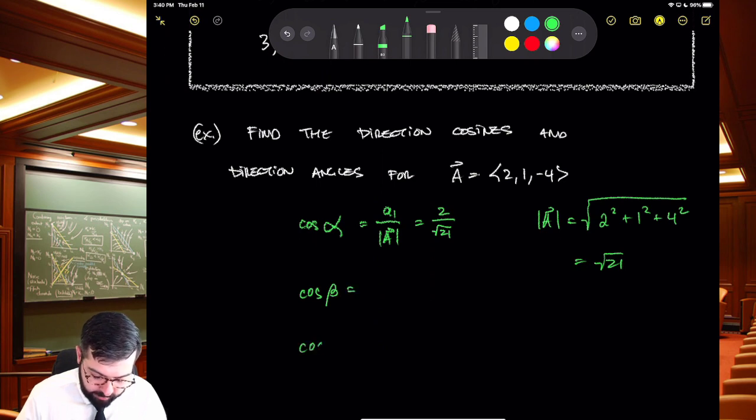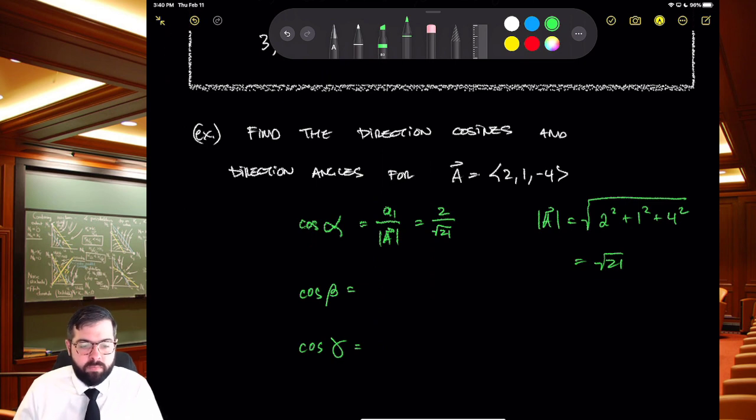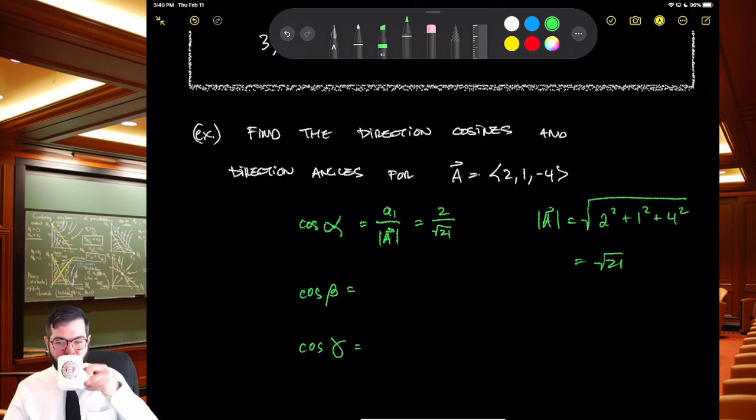So then how about beta and gamma? One over radical 21, and then 4 over radical 21, right?